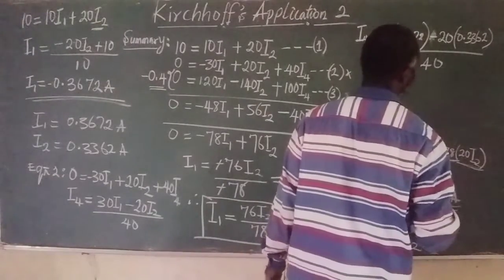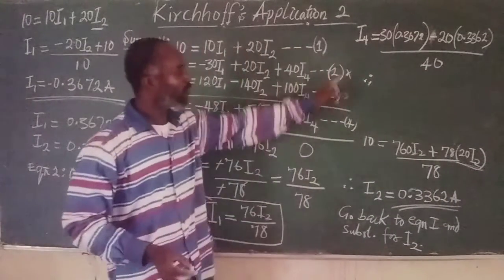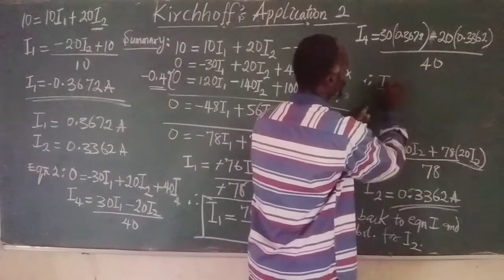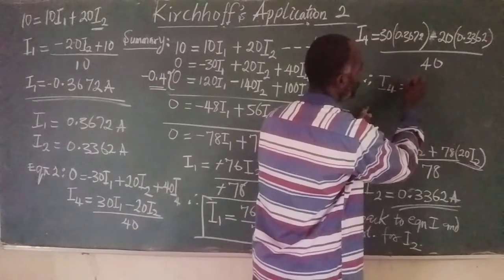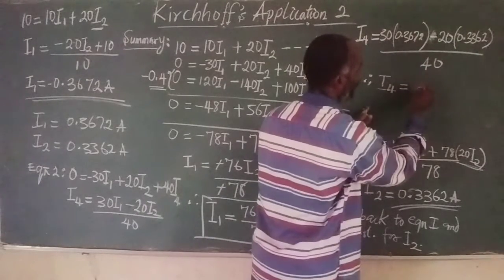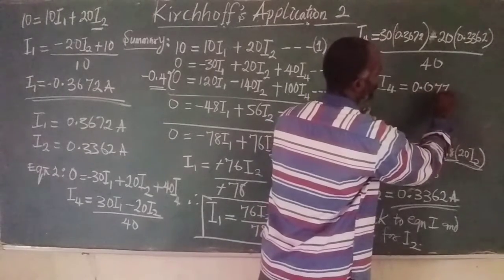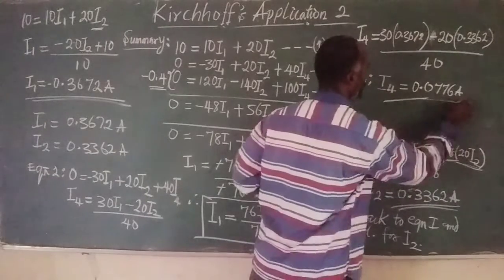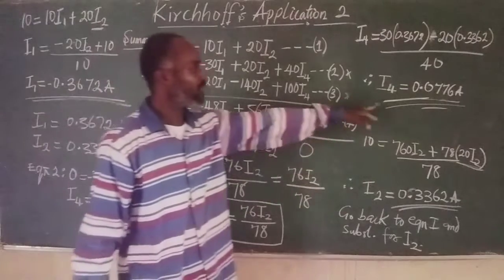That is it. If we simplify further, I4 is equal to 0.07768. So this is what it should be. So we have succeeded in finding current 4.